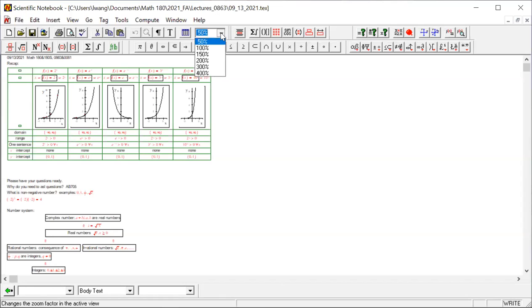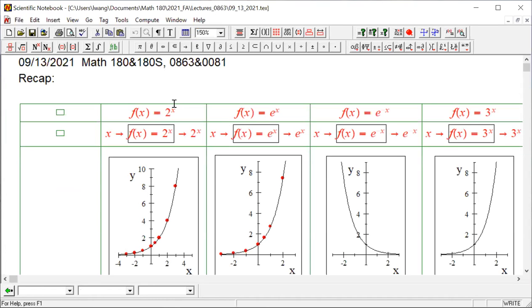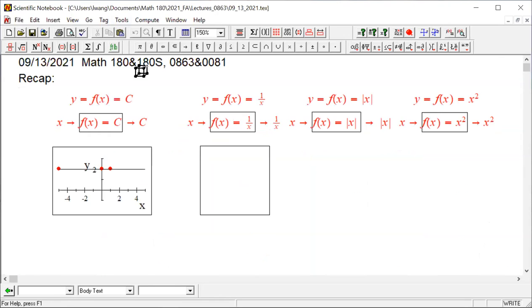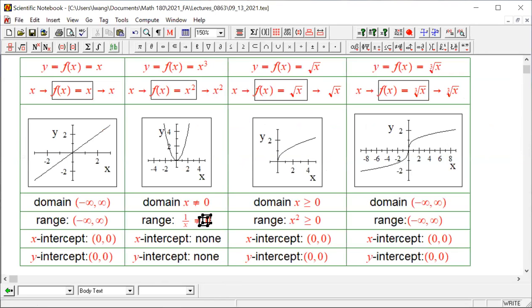Do you guys have any questions? So far, we have done all of these, right? The first 8 functions and then the exponential functions, right?